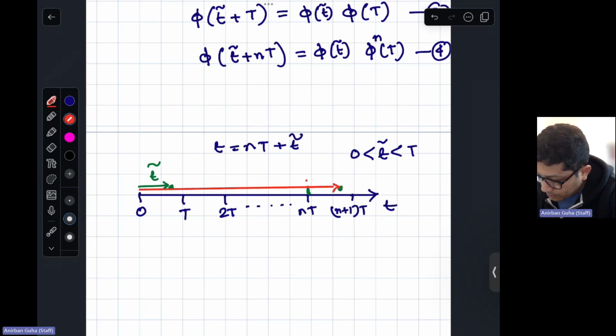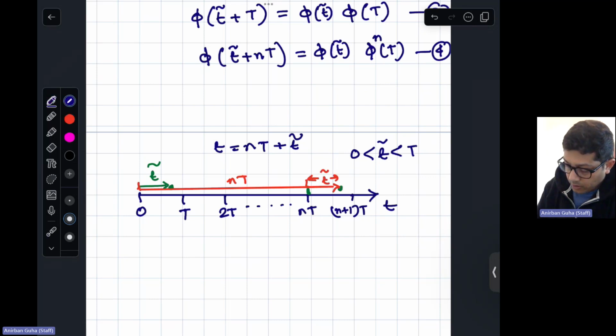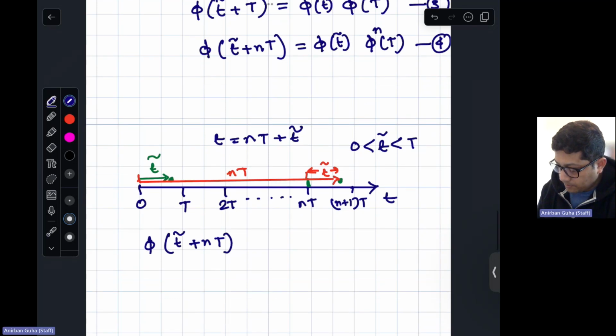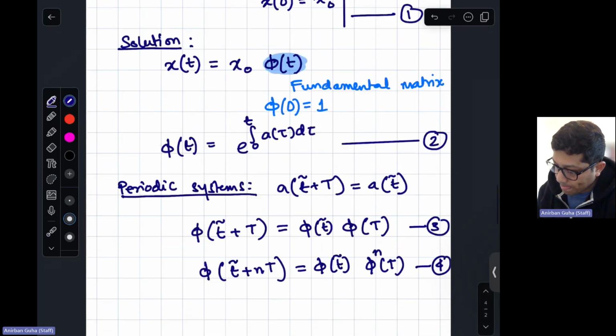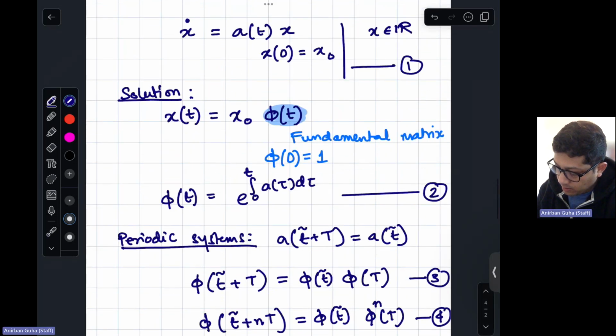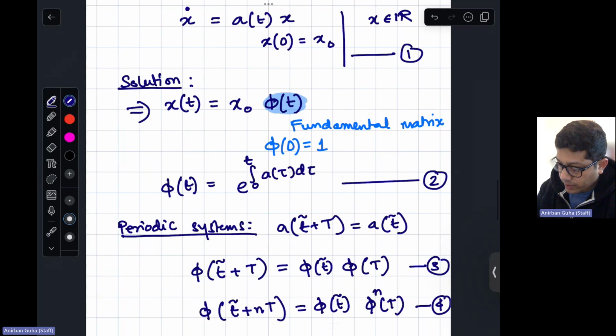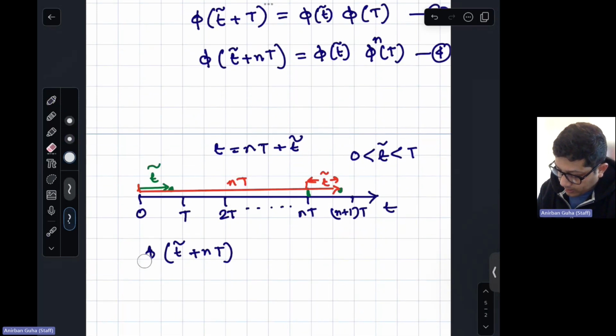So up to here is nT, and this bit is t tilde. Okay. So phi of t tilde plus nT, where do we use it? We use it in the solution, right? So rather than writing this, let's see.